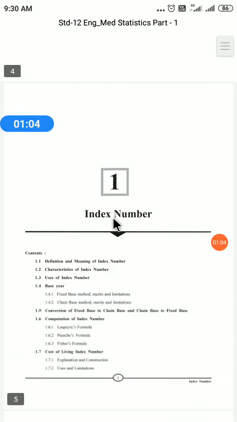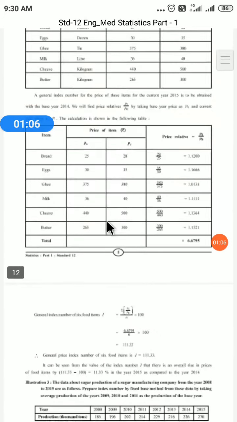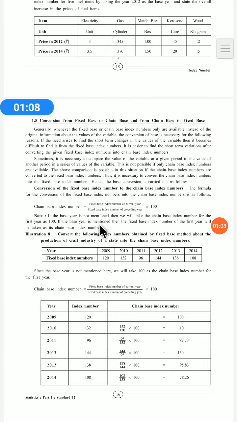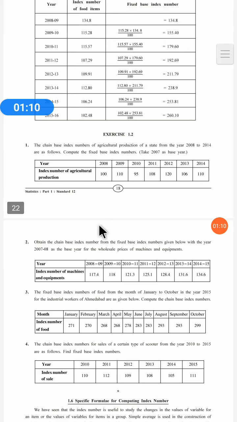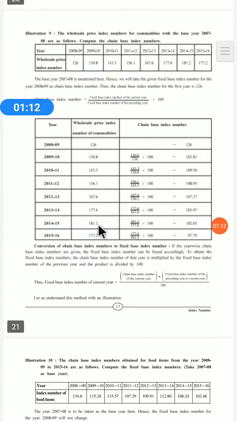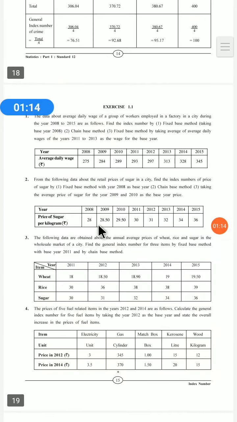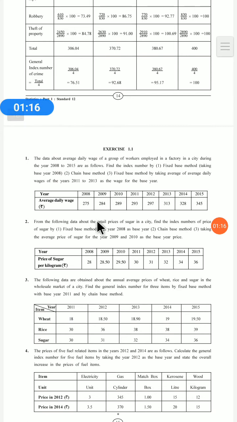Let's see girls, today we come to exercise 1.1. So you all open exercise 1.1. In exercise 1.1, see the first question. The data about average daily wage of a group of workers employed in a factory in a city during the year 2008 to 2015 are as follows.